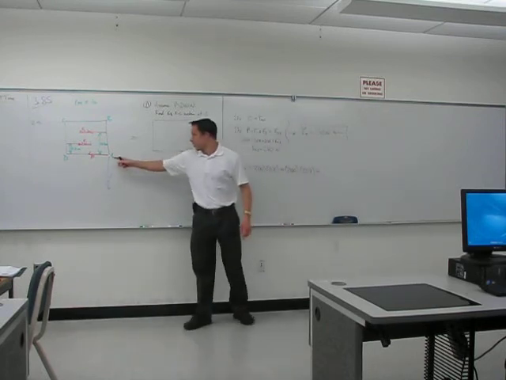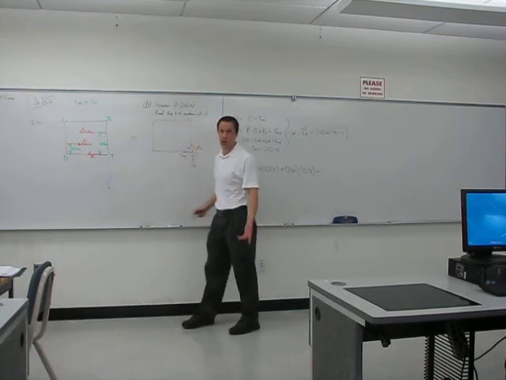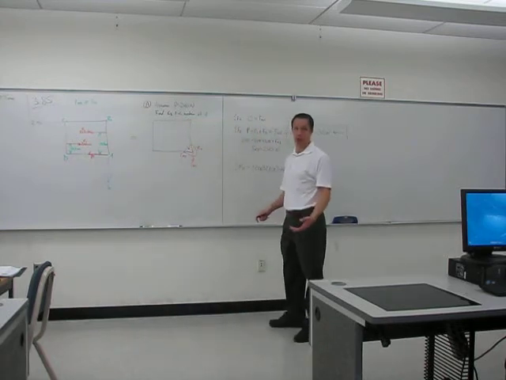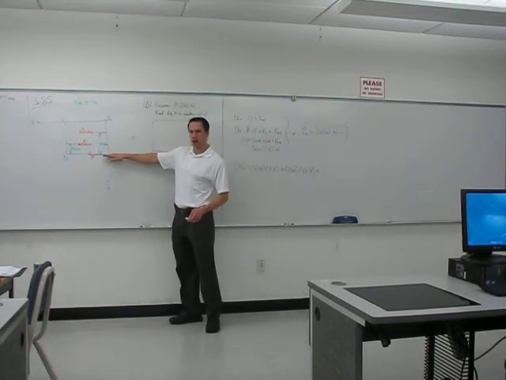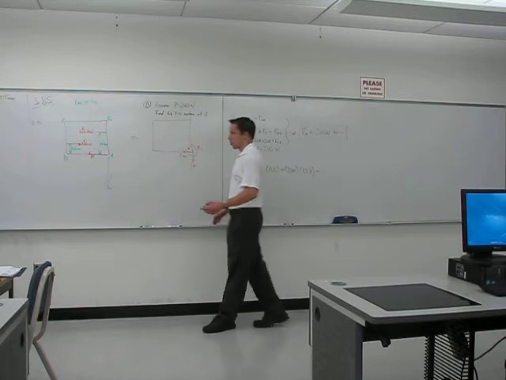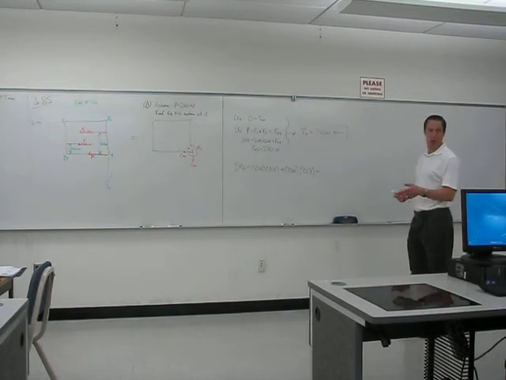Now the force P does not have a moment around the point A because its line of action goes through the point A. If you did F times D for that force, you're going to get P times 0 because there's no distance between the line of action and the point A. So we talked about that before. Force will not create any rotation about a point that's on its line of action.